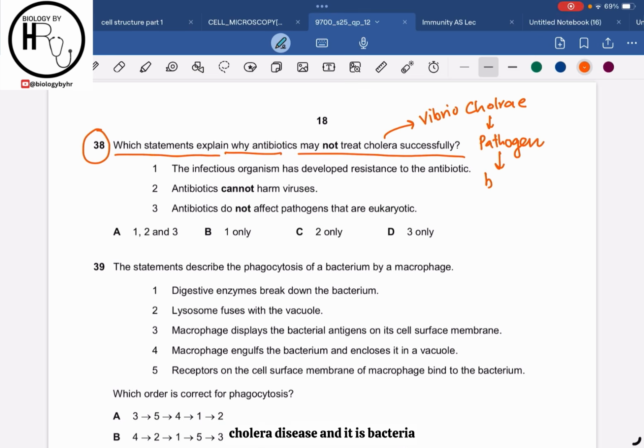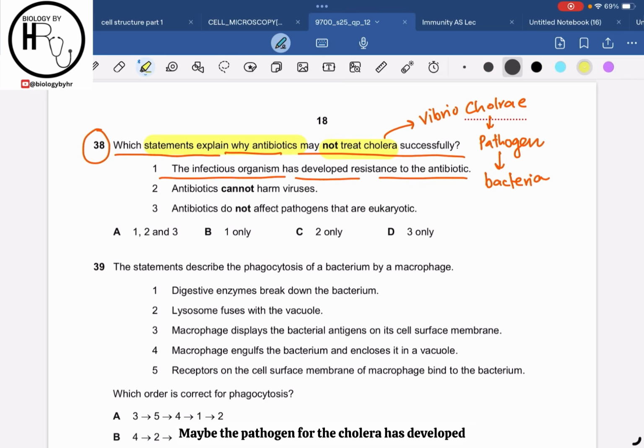A possible reason is that the pathogen has developed resistance against the antibiotic. That's why the antibiotics are not effective on Vibrio cholerae and are not useful to treat cholera. So this statement can be correct.